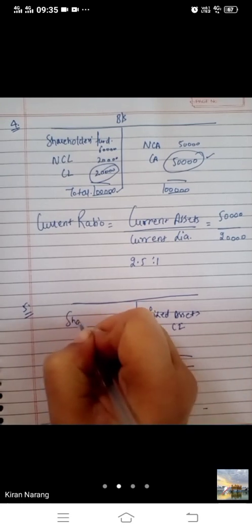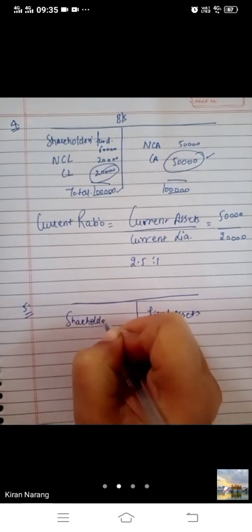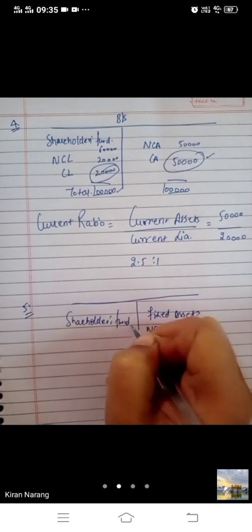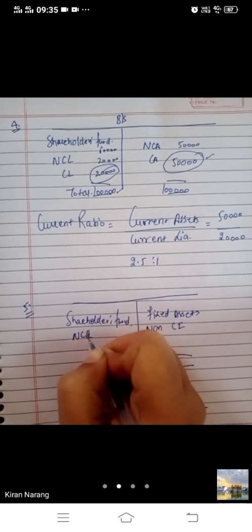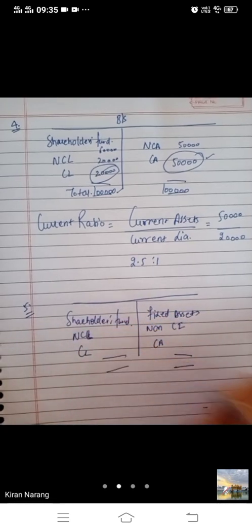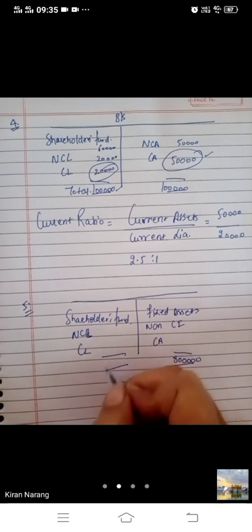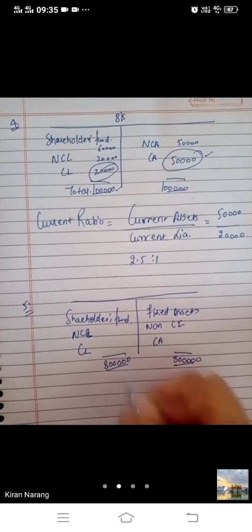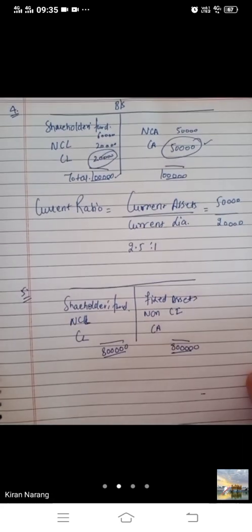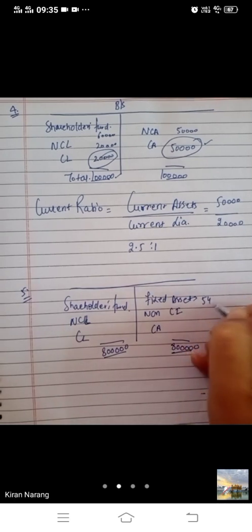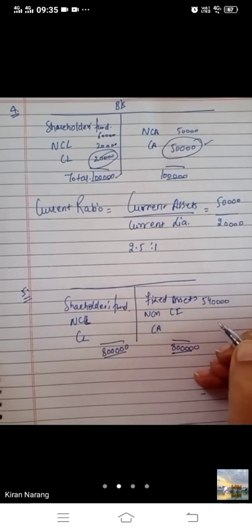Then here you will write shareholders fund, non-current liability and current liability, then total. Now total assets are given 8 lakh. If total assets are 8 lakh, total liability should be 8 lakh. Then fixed assets are given 5 lakh 40,000.